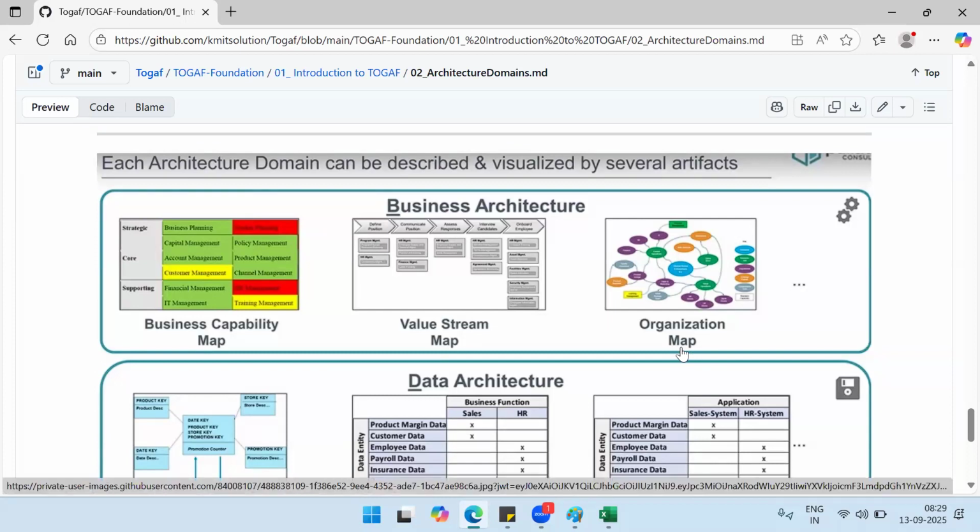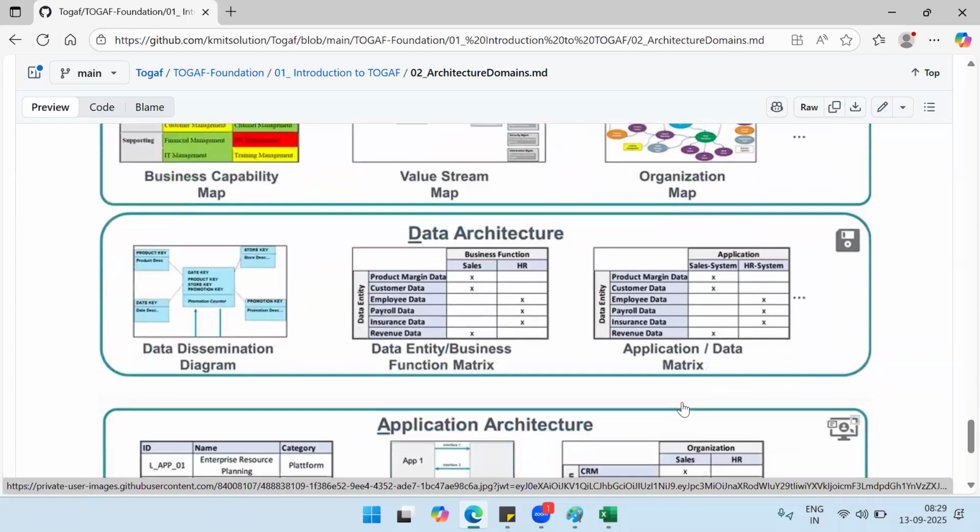Now the next one is the data architecture. This basically describes the data management and the dissemination of that data.